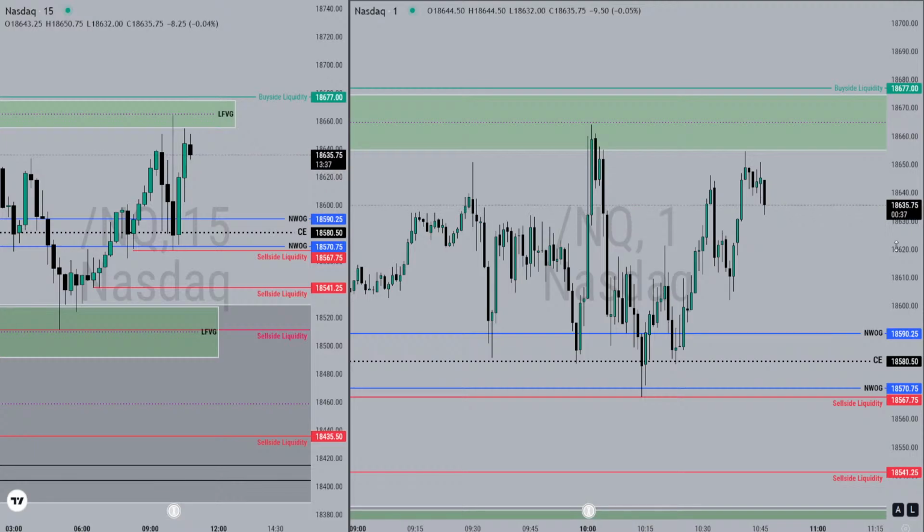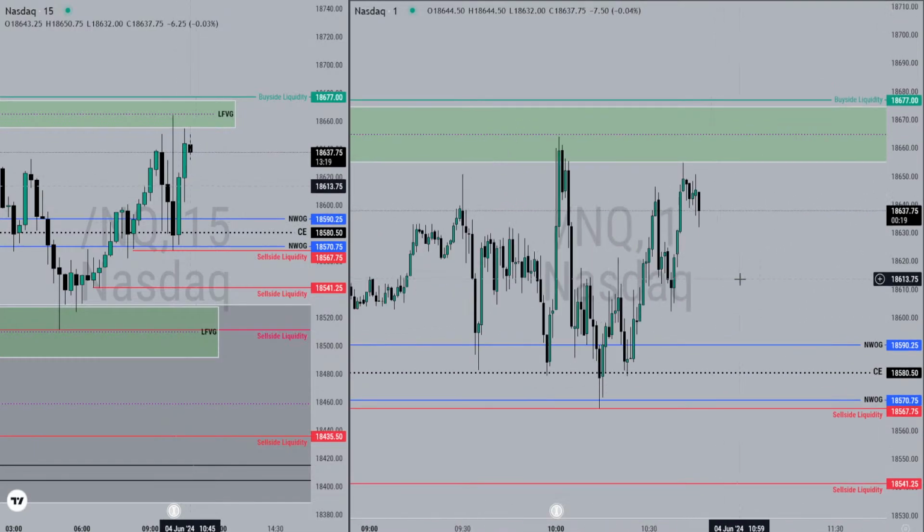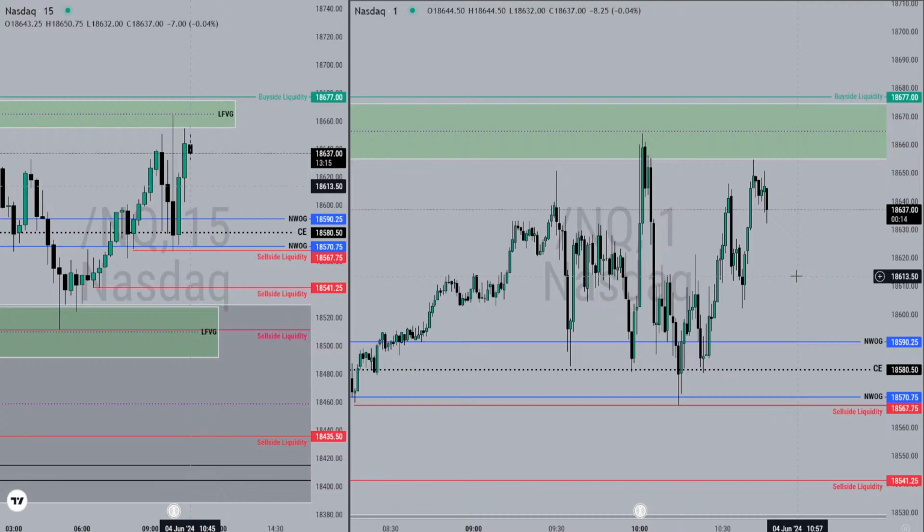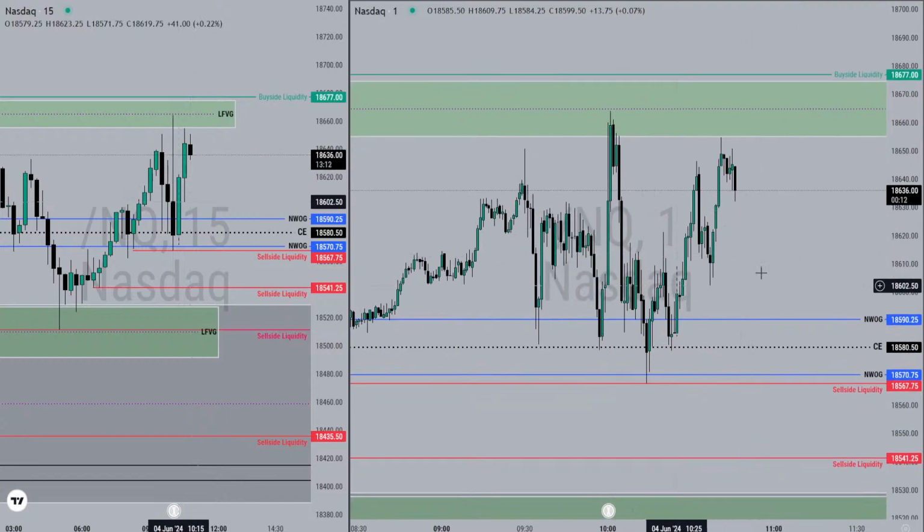We will see. By the way, guys, did any of you take that run from this parallel gap to the new week opening gap low or these relatively equal lows? There was near about 30 handles. Wasn't bad. But if I take another entry, I will go for the extreme liquidity.